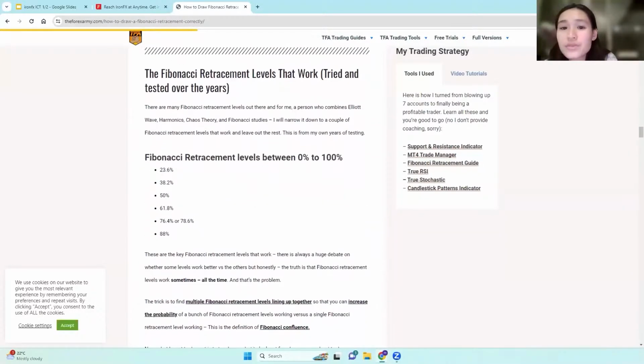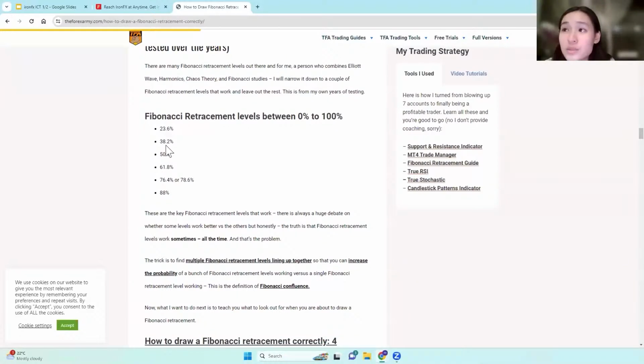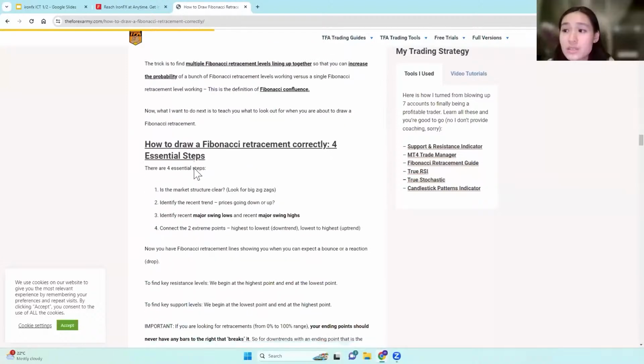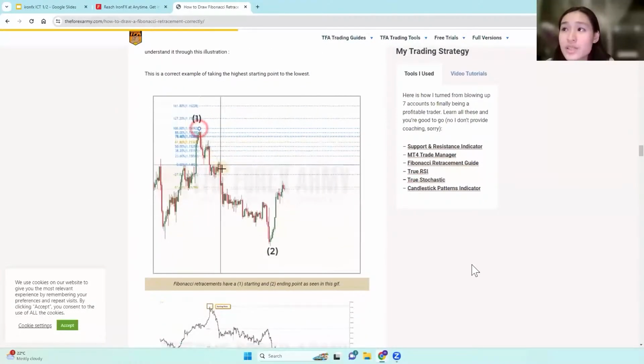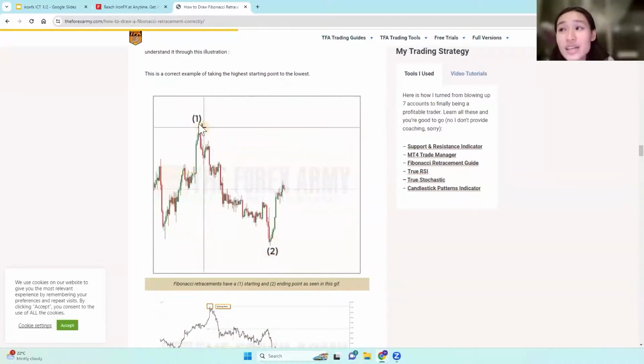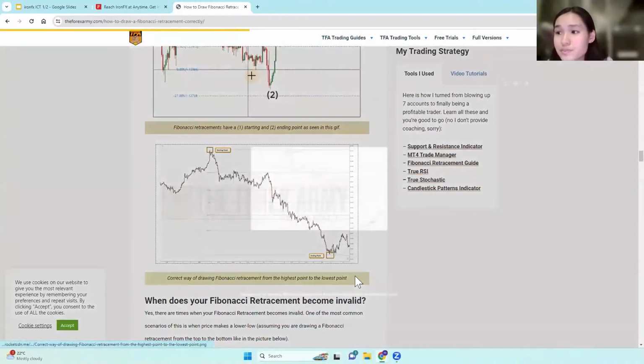Okay, so if you're looking at using the ICT to find an optimal trade entry, they recommend using a Fibonacci between 61.8 and 78.6. Although we typically use other levels, you would just be looking at these two levels here. How that works is basically by looking at the highest starting point to the lowest.